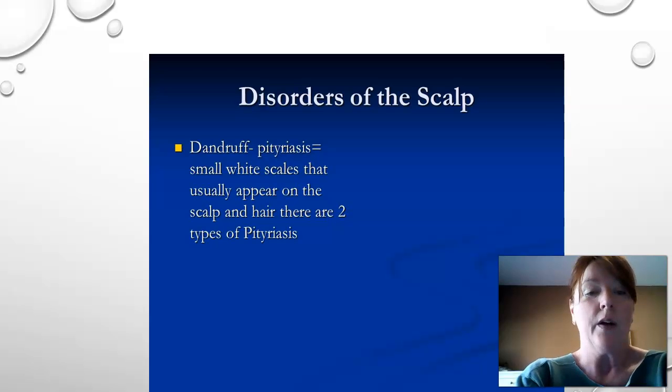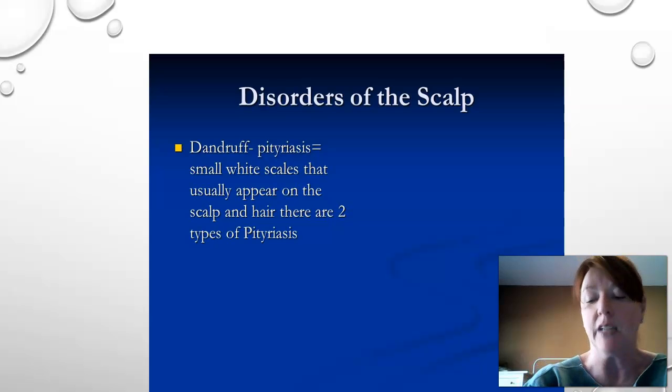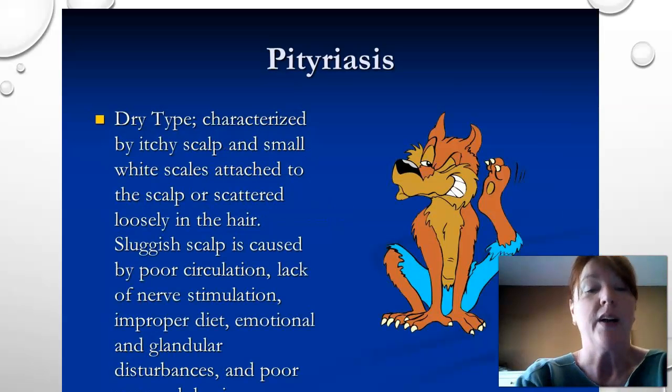Disorders of the scalp. Dandruff is called pityriasis, small white scales that usually appear on the scalp and hair, and there are two different types. The dry type is characterized by an itchy scalp, with small white scales attached to the scalp or scattered loosely in the hair.